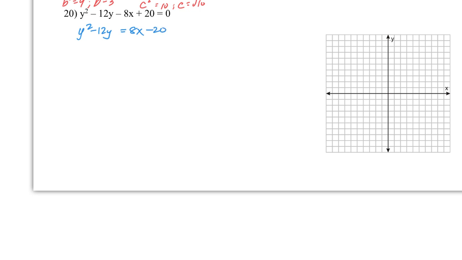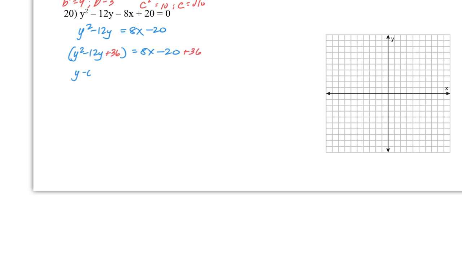So if I complete the square here on the left, half of negative 12 is negative 6. Negative 6 squared is 36. So I'm going to add 36 to the other side.